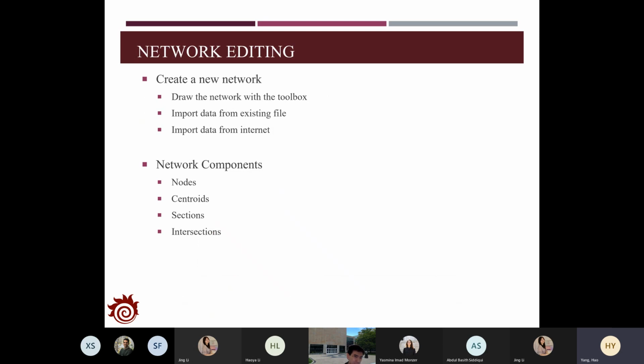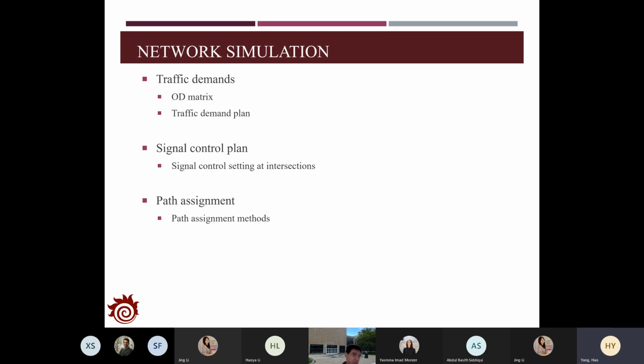So for the tutorial today, we're gonna cover some fundamental network editing skills, including how to create a network, what the components in the network are, how you modify the features of those components, and how we can set up the simulation runs, including setting the traffic demand and applying the traffic signal control plan.